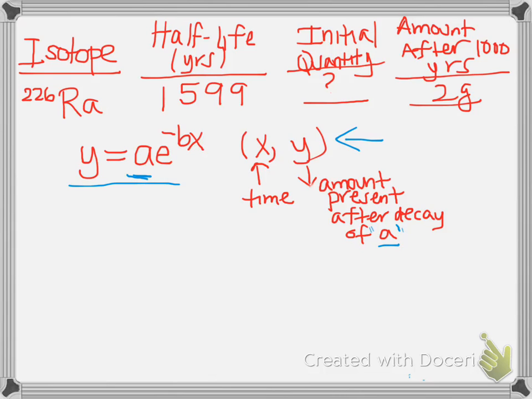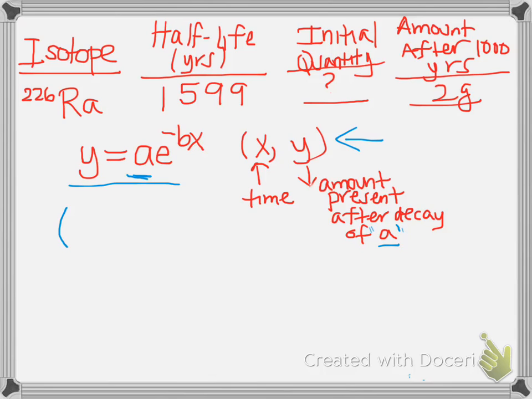Okay, so we're going to use our information to figure out what we need to do in order to solve for our initial quantity. We're given that the half-life of the initial amount is 1,599 years. So after 1,599 years, it will have half of that amount.